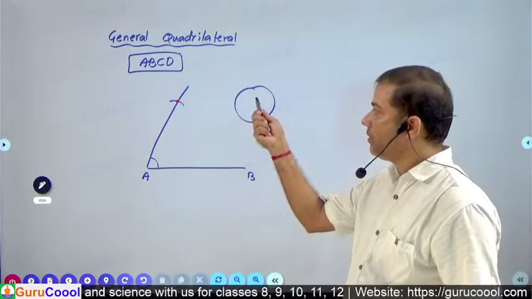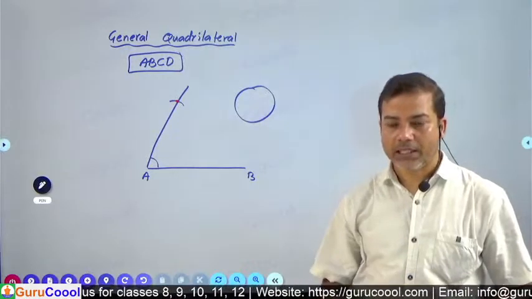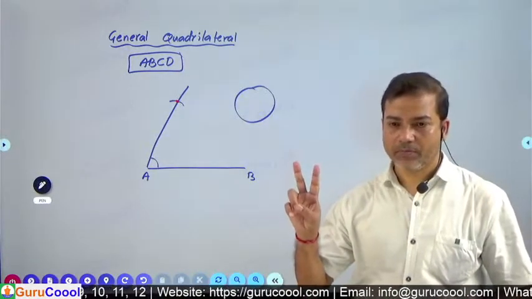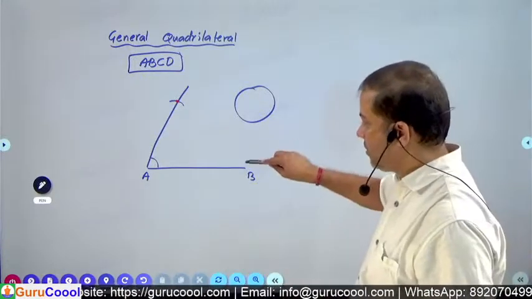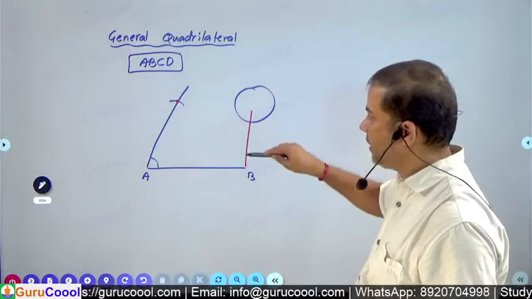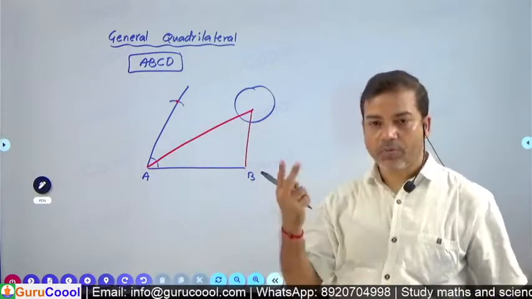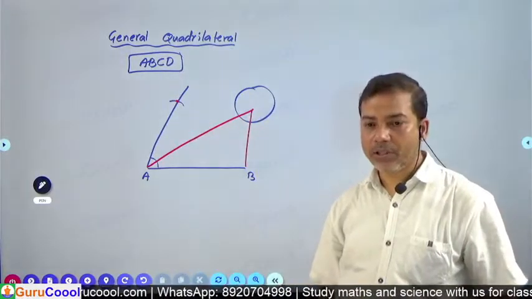This missing vertex can be found by using at least how many pieces of information? Two. How so? For example, first maybe this side, and second maybe the diagonal. Two pieces of information, and they will cut each other. You will get to know where that vertex is.